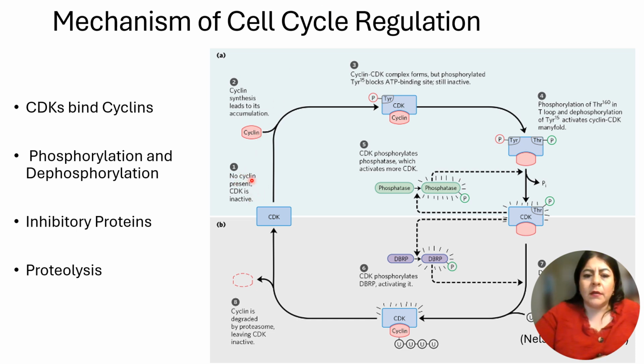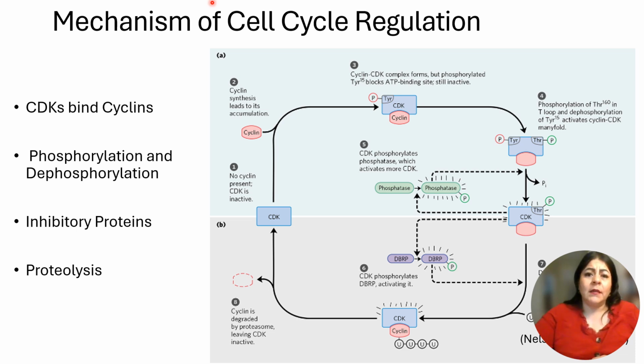So I'll start here, and then I'll be moving my way up from the CDK, where it gets bound to the cyclin, working my way around this diagram. Cyclins and CDKs collaborate very intricately to regulate cell division. Initially, in the M phase, CDK is inactive as mitosis begins.